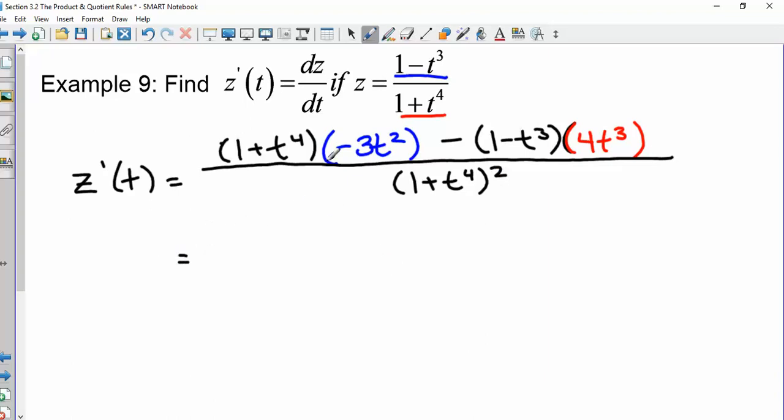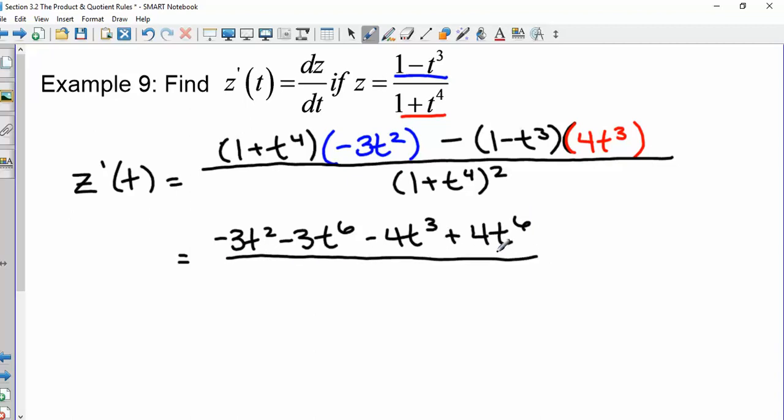So then we have to simplify this. If we distribute, we get negative 3t squared minus 3t to the 6th. I'm going to distribute my negative and my 4t cubed at once. So minus 4t cubed plus 4t to the 6th. And I'm just going to leave the bottom as is.